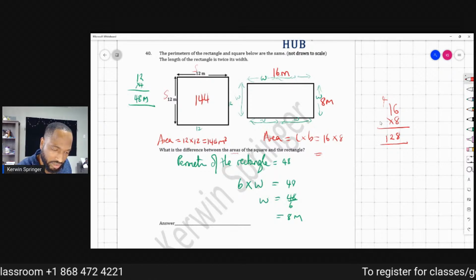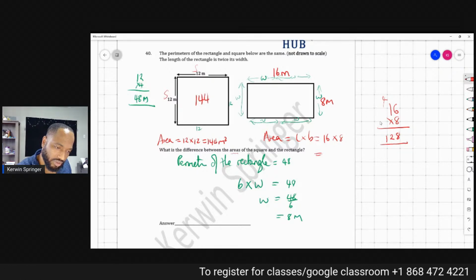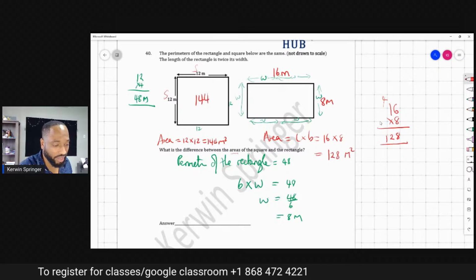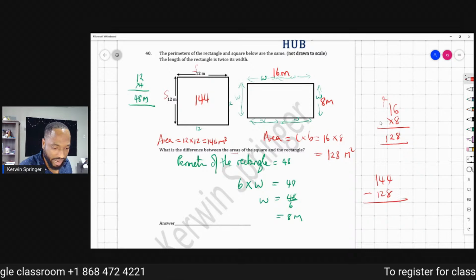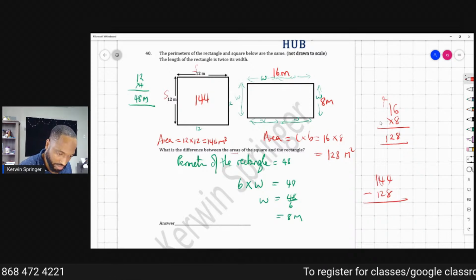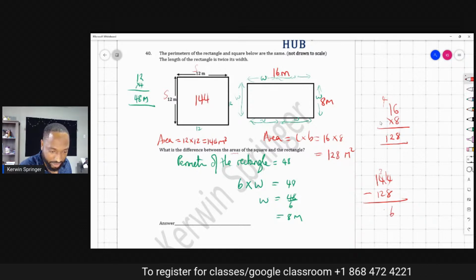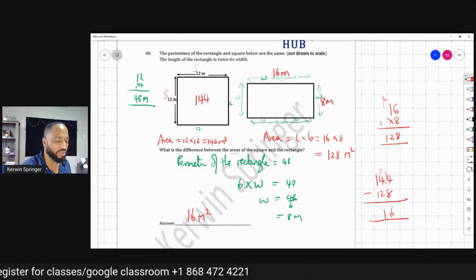Yeah, that 128 wasn't feeling good in my mind, but okay, fine. So 144 minus 128. I need to borrow a little one from you there, bro. I think it'll be 16. So 16 meters squared is the difference between the areas.